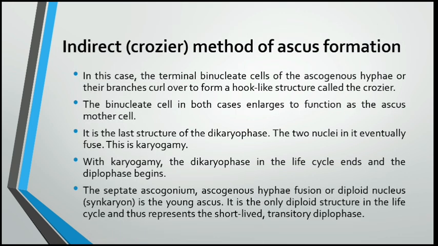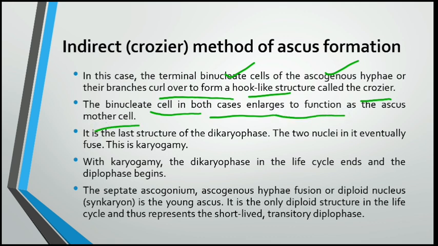But in some species, terminal binucleate cells of the ascogenous hyphae curl over to form a hook-like structure which is called a crozier. The binucleate cell in both cases, direct and indirect formation, enlarges to function as ascus mother cell, and this ascus mother cell is the last structure of dikaryophase.